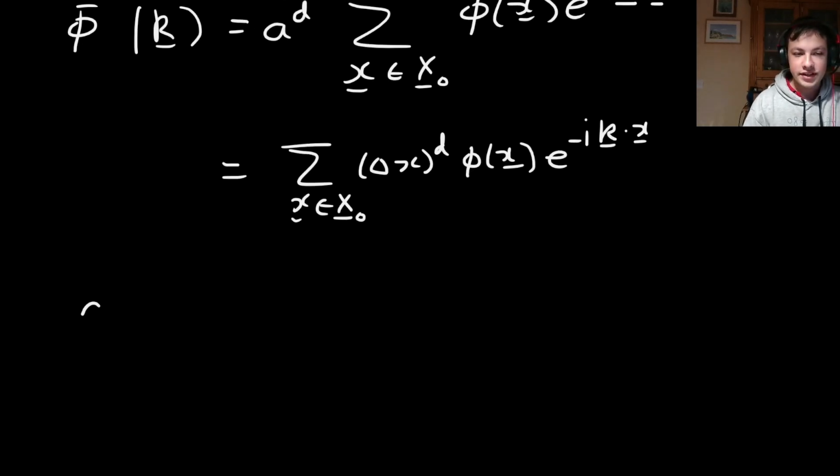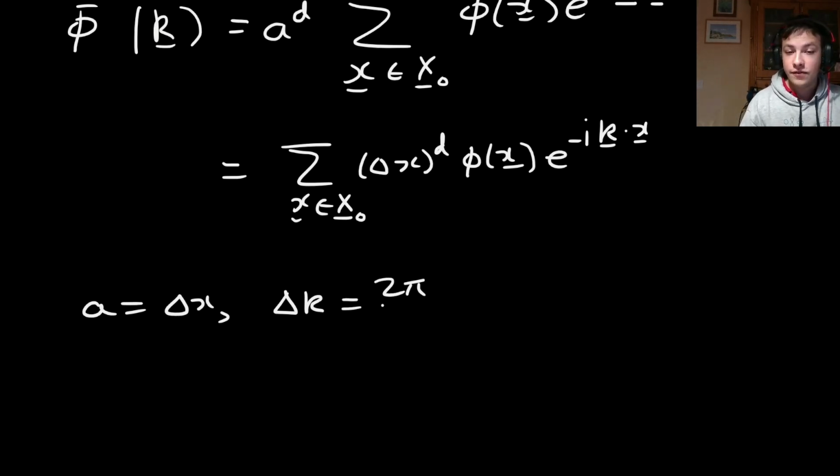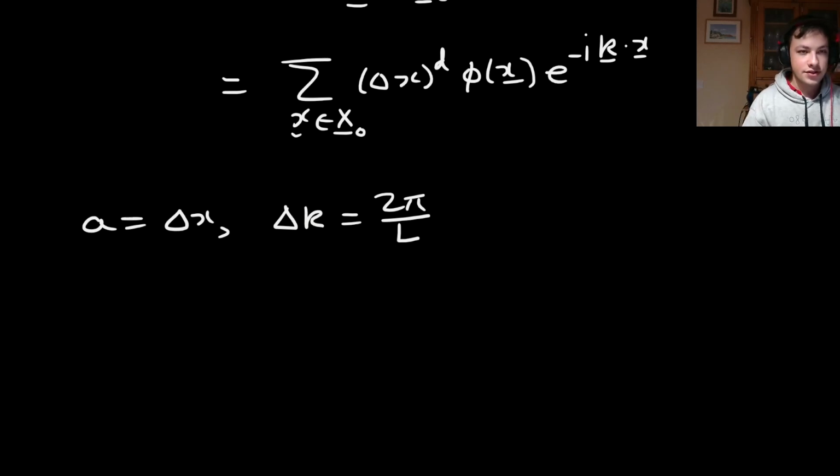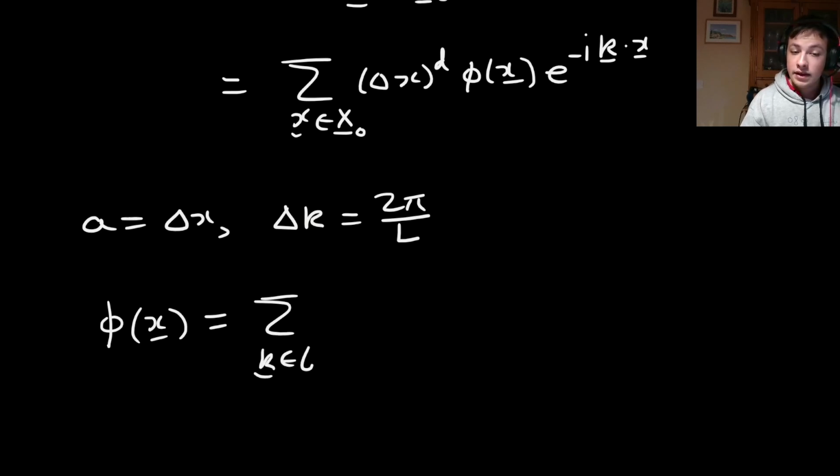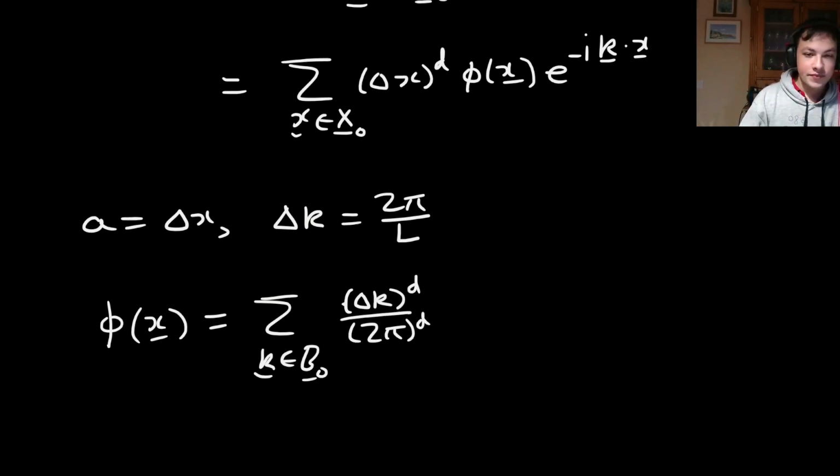And in the same way that a is the x spacing, the spacing of the k vectors is 2 pi over L. That's what you increase by when you increase L_i by 1. And so we can rewrite that other sum as phi x is the sum over k in the fundamental box, delta k to the power of d divided by 2 pi to the power of d. We got this extra 2 pi in there. Phi bar k e to the i k dot x.